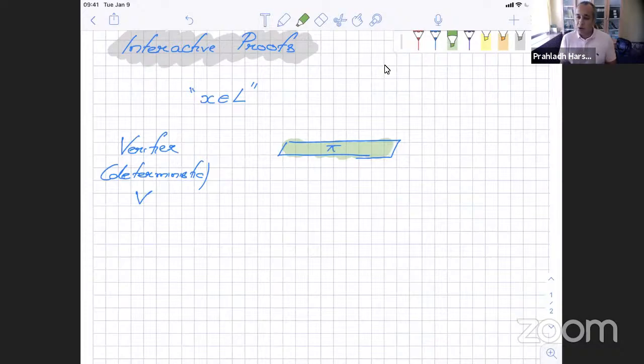I might not have been able to come up with the 3 coloring of the graph, but I could use this proof to convince myself. I could not factorize a particular number, but somebody could give me the factorization and I could check that the factorization is correct. So having this proof written on a piece of paper actually helps me to understand a little more than what I could have done previously.